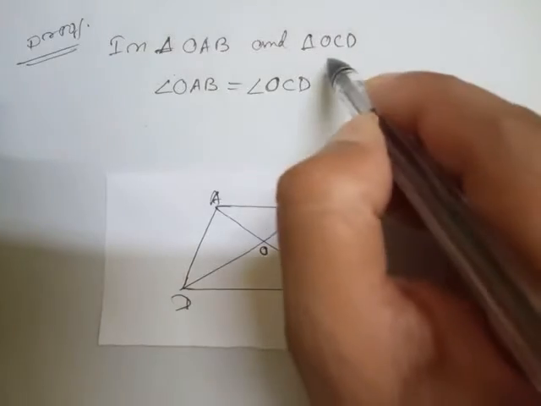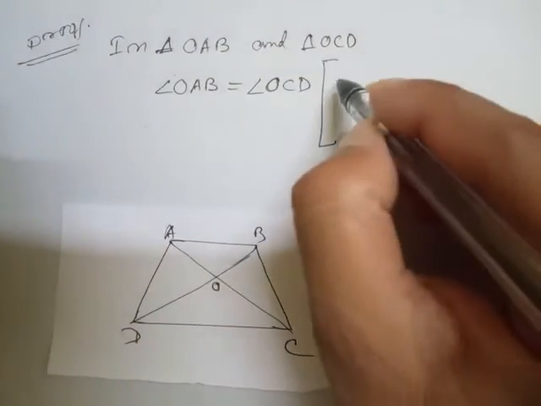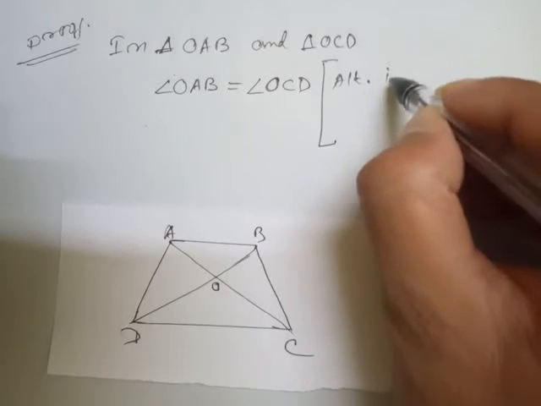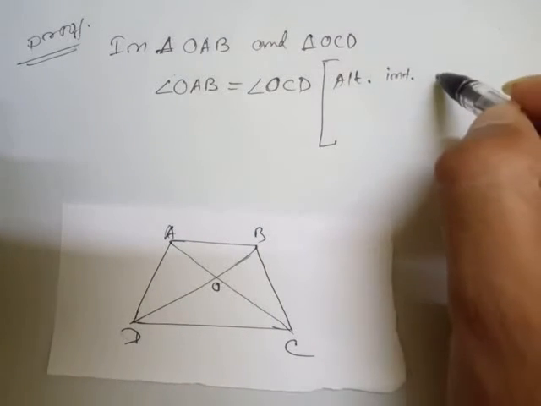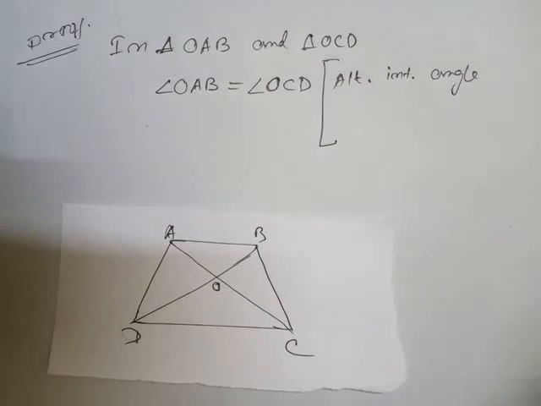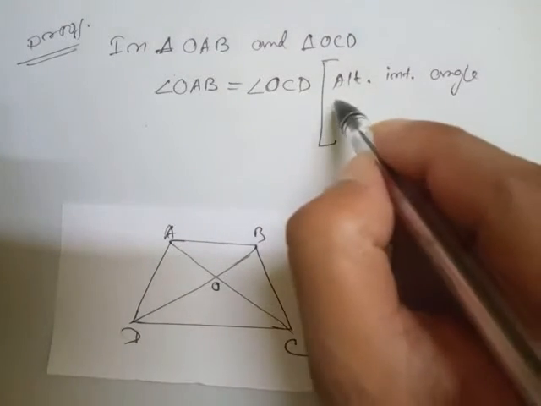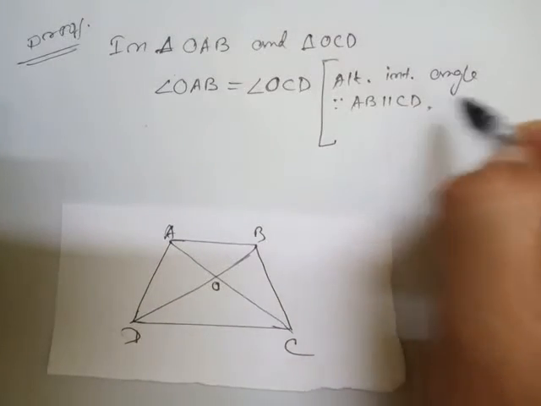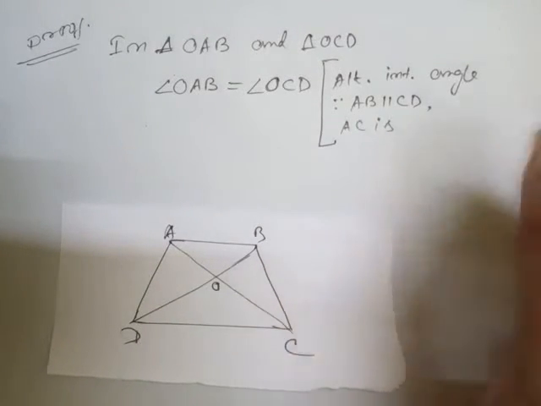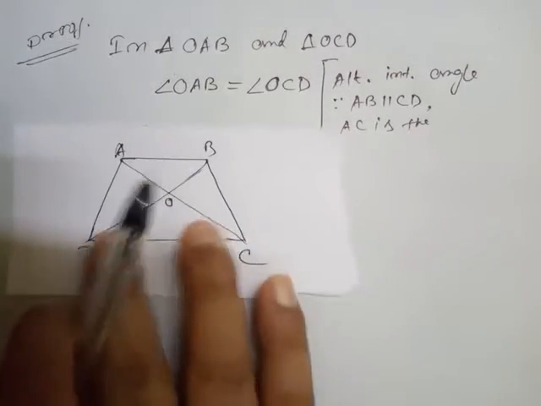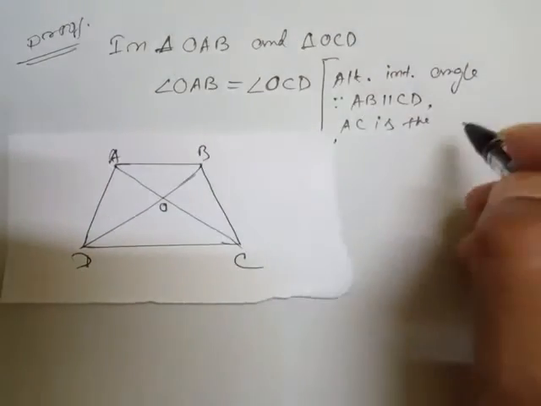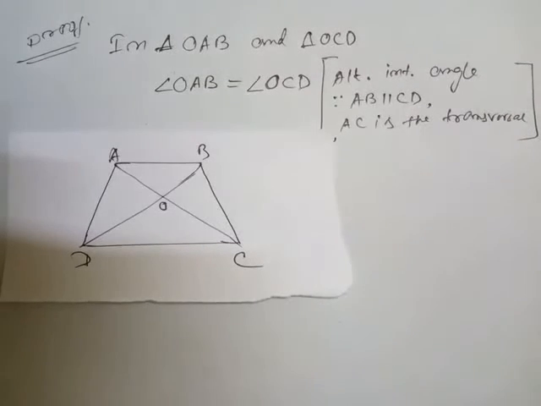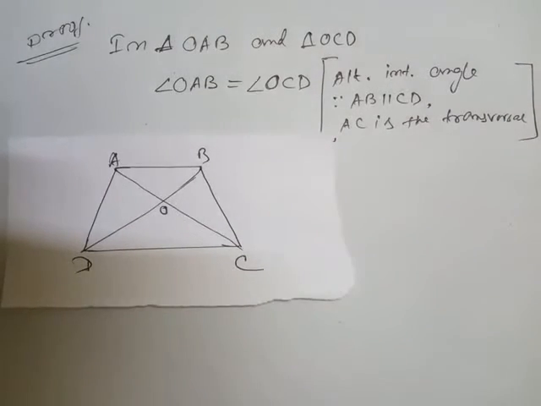Why? The reason is, we'll write here: alt. int. angles, where ALT means alternate, INT means interior, so alternate interior angles. Reason: since AB is parallel to CD, AC is the transversal, as you see in the diagram.